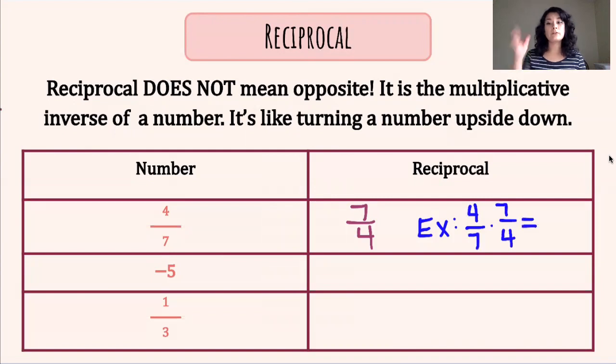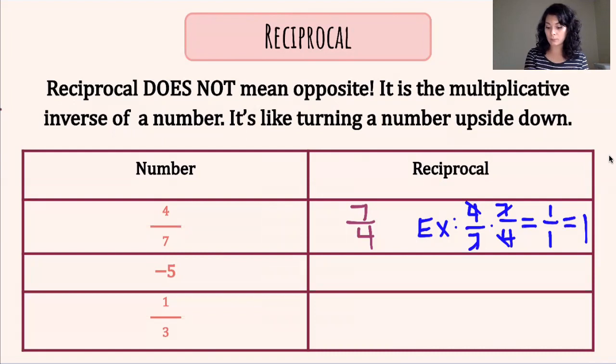If you notice, I've got 4's diagonally across from each other that I can cross cancel to give me 1's. I have 7's diagonally across from each other. They can cross cancel and give me 1's. So I'm left with 1 divided by 1, which is just 1. So the two fractions completely cross canceled with each other and left me with a 1.